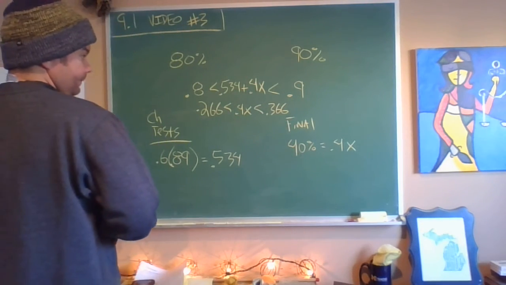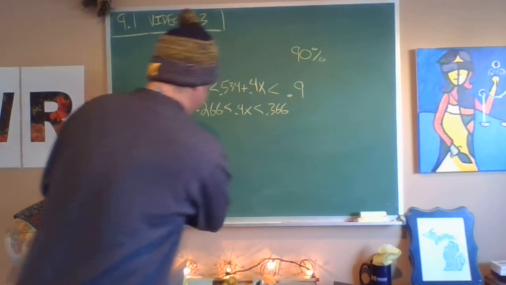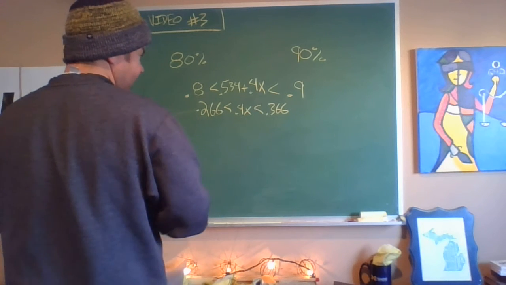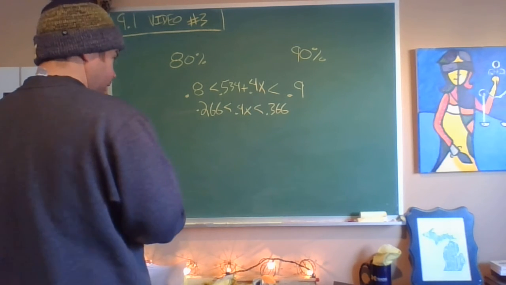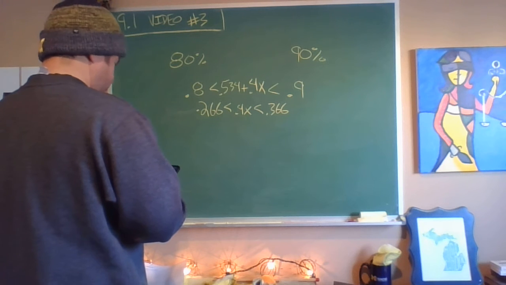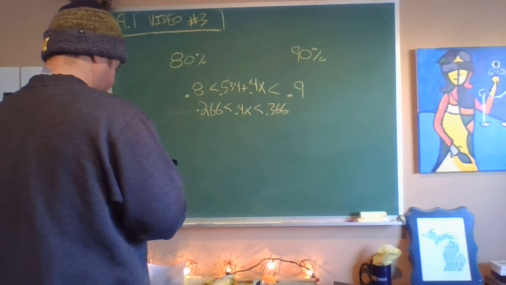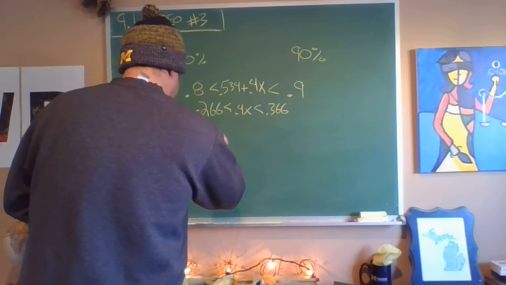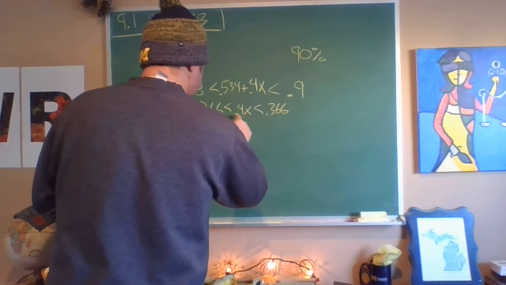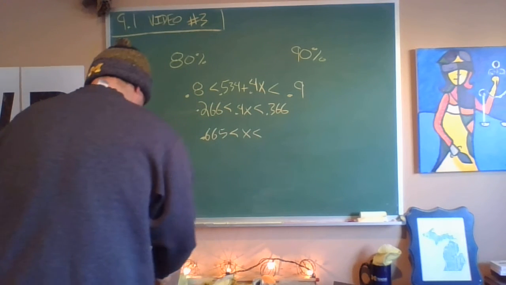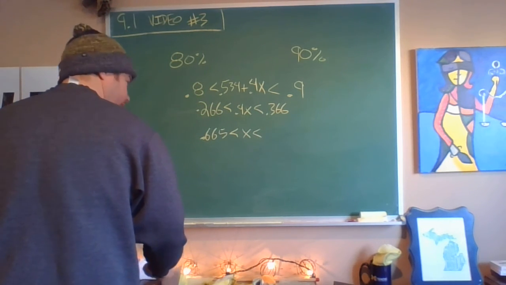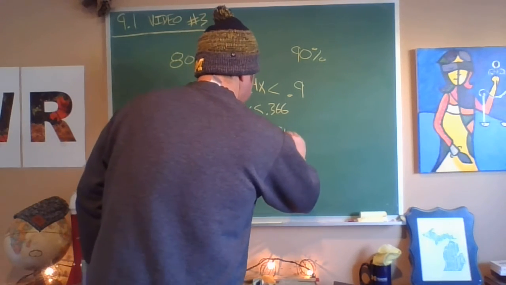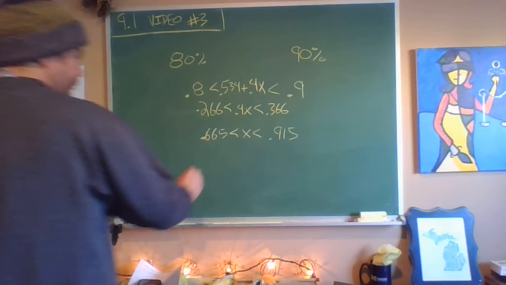Now I just have to divide everything by 0.4 and I'm good. 0.266 divided by 0.4 would be 0.665 is less than x is less than 0.366 divided by 0.4, which is 0.915.